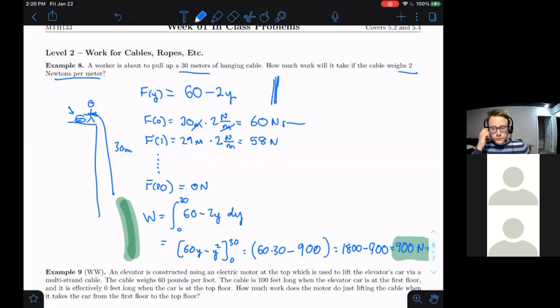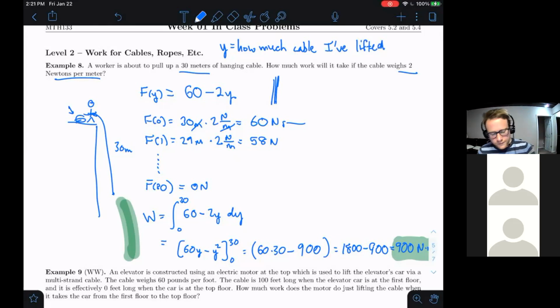Yeah, so it goes back to something that I didn't exactly write down, but is important. That y, that variable, is how much rope or cable I've lifted. And all of your questions really come from that. So I said these words, but I didn't write it down anywhere.